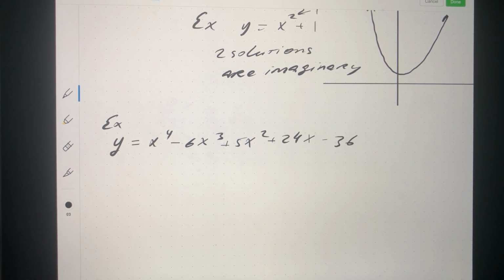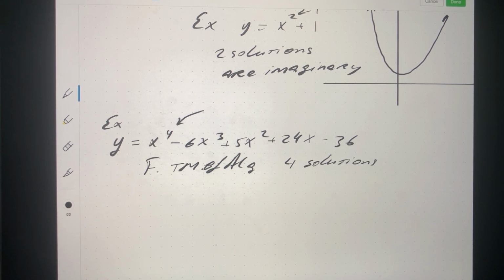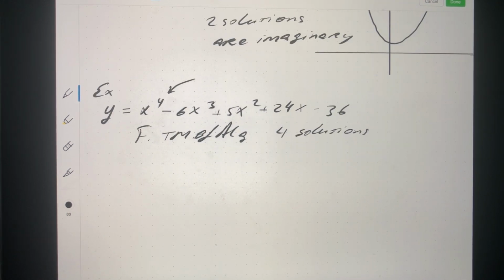This is a polynomial. The fundamental theorem of algebra will promise us 4 solutions if we count the repeats and if we count the imaginary answers.